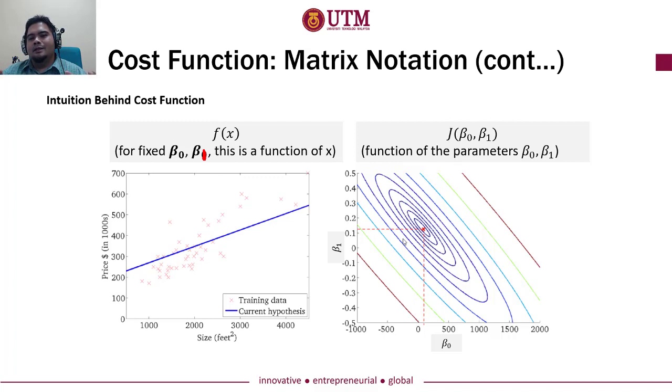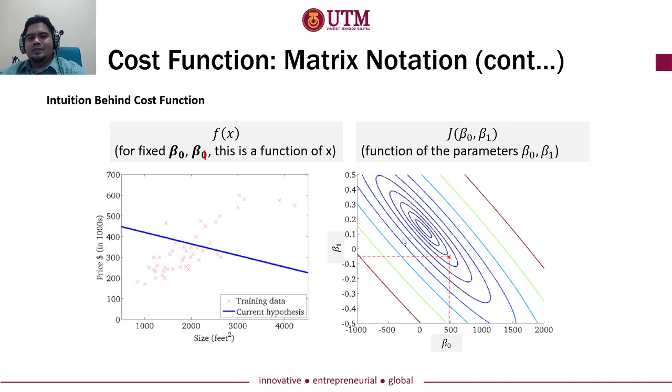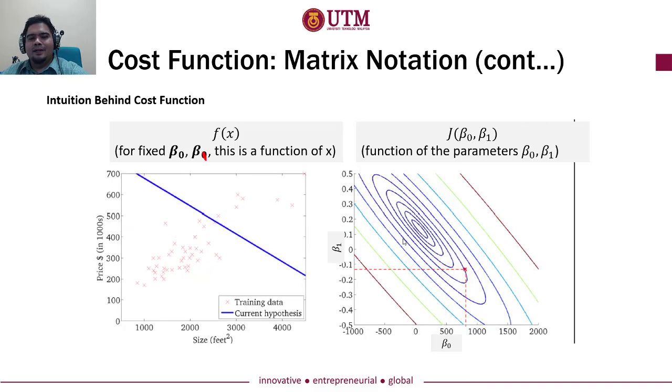We don't know whether B0 and B1 are getting worse or better. That's why we cannot simply generate random numbers and set them as B0 and B1 to find the best one.